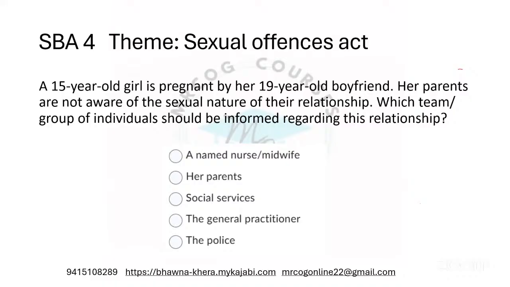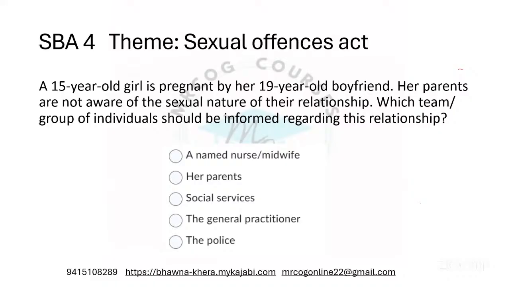Okay, very good. I think everybody knows the answer. That's good to see all my students answering right. They know where to do what. So social services is the correct answer, and Dr. Mavish is the winner for this question.